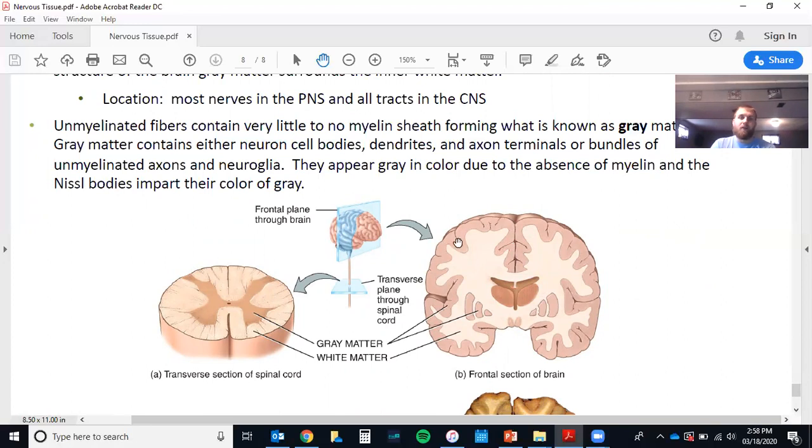On the outside of our brain, and on the inside, kind of forming a capital H shape in the spinal cord, is what we call the gray matter, which appears gray because of very little to no myelin. And instead of having myelinated axons, you've got the cell bodies of neurons, their dendrites, the axon terminals, or even just bundles of unmyelinated axons and neuroglia.